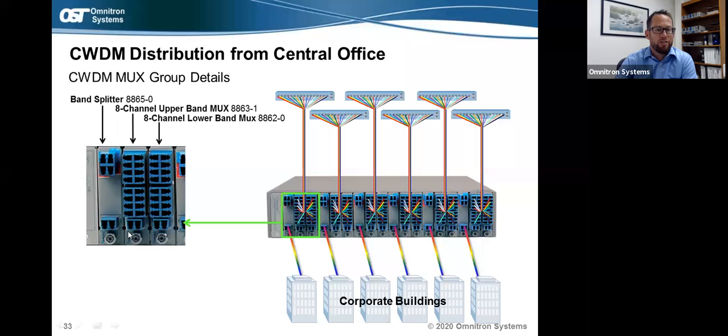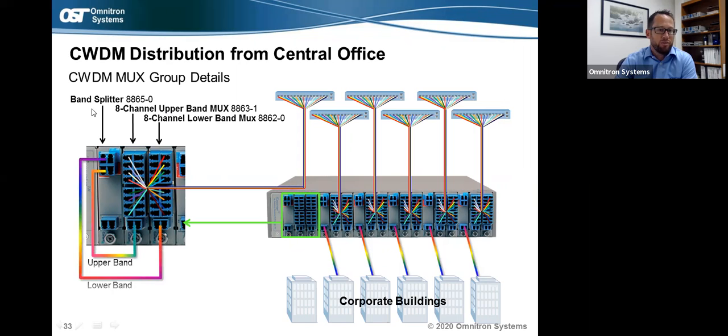And zooming in a little bit closer, you can see we have 2 different 8-channel MUX cards here, one with the upper band of wavelengths and one with the lower band. And those are going to be all 16 channels multiplexed into what's called a band splitter. So those are going to combine both 8-channel MUXes into a 16-channel card and send all 16 channels over a common fiber link out to these subscribers or to these customers at corporate buildings.